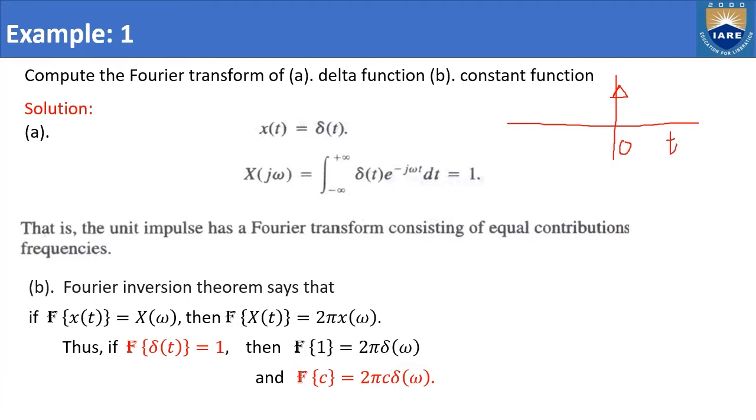On the left hand side and right hand side of this unit impulse you have zeros, and it is represented by delta of t, as we have already studied earlier.